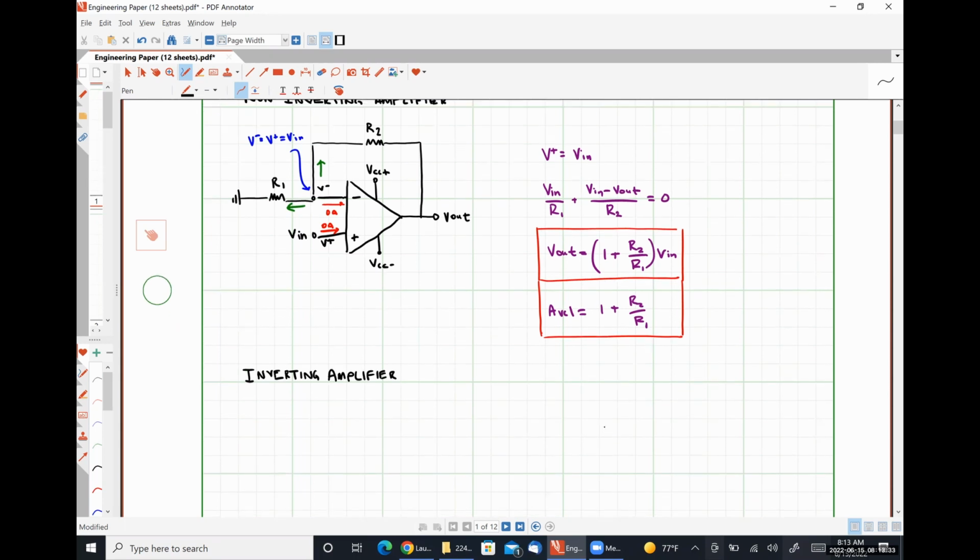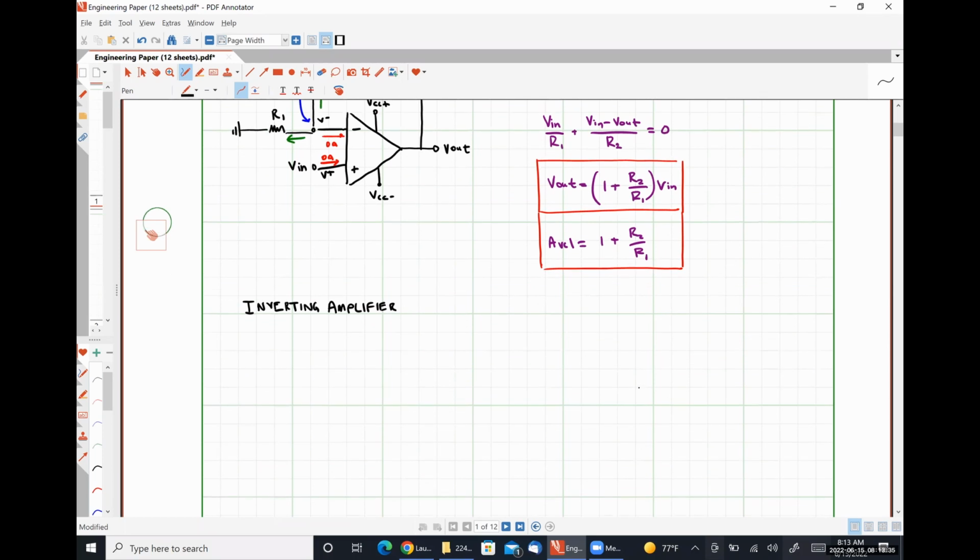So, as a review, our inverting amplifier has the following configuration. So it's going to look practically identical to our non-inverting amplifier.